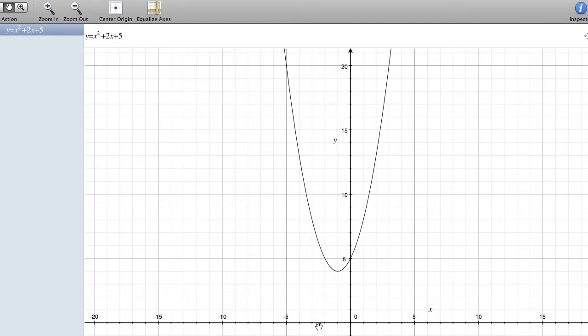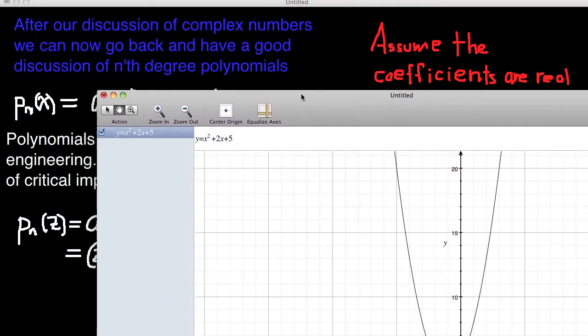This polynomial never has a value of y equals 0. All values of y are greater than 0. And it turns out that the values of x that make y equal to 0 are complex valued and not real valued. And since we're only plotting real values along the x-axis, we don't see what those roots are.